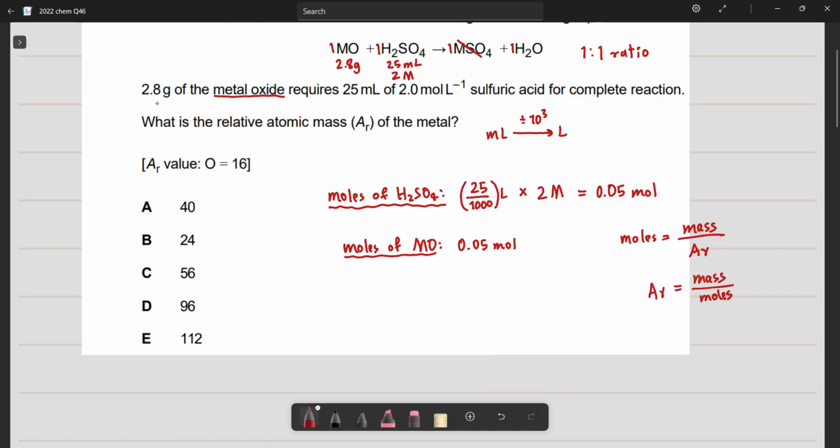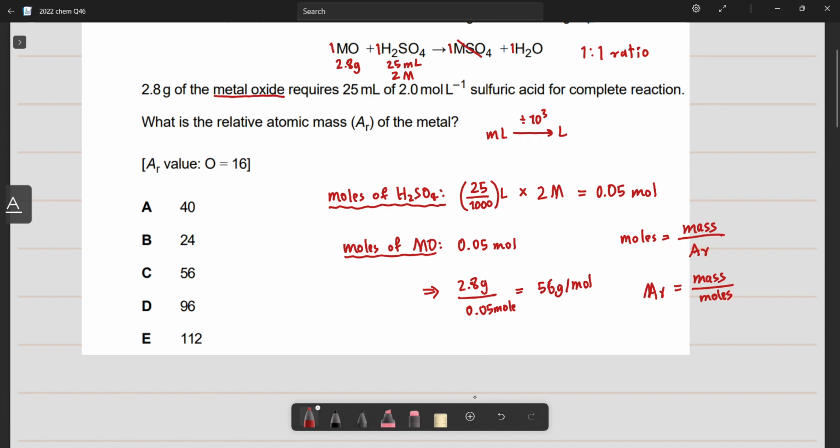The mass we have for metal oxide is 2.8 grams, divided by the moles, 0.05 mole. This will give me 56 grams per mole. But now you have to be careful. This is an Mr, actually.